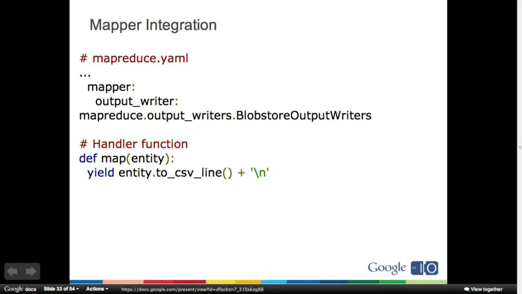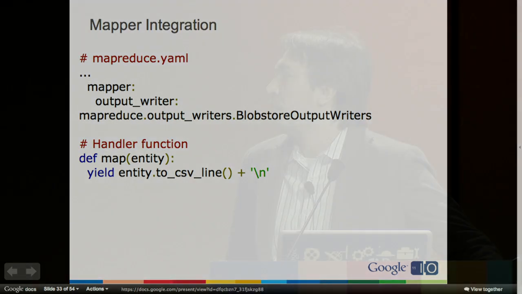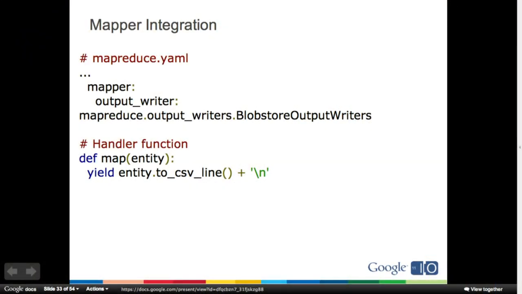And as I said, we integrated it with the MapReduce library. We added some kind of output writer support. So with one line in mapreduce.yaml, you could just specify that you want the output of this mapper function to go directly to Blobstore. This way, by having a single-line map function, which just transforms an entity to a CSV line or XML, whatever, you can easily write a mapper which will export your data into Blobstore.